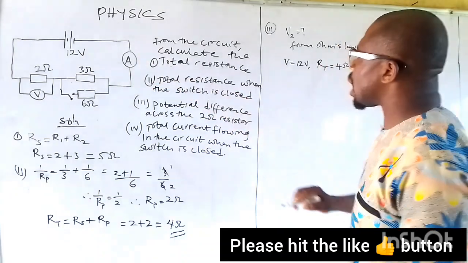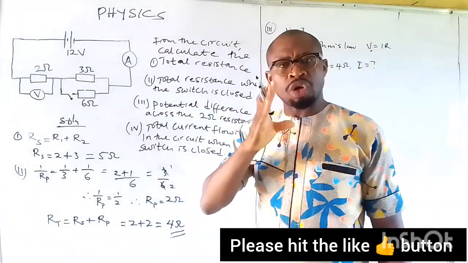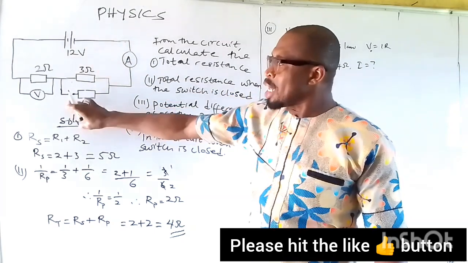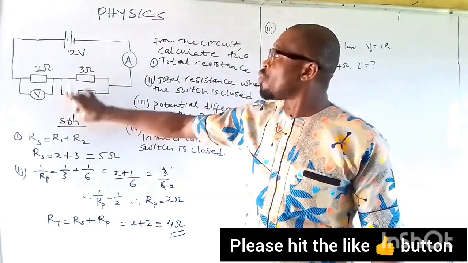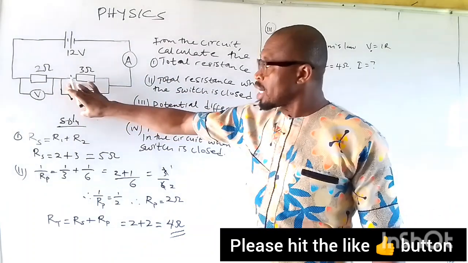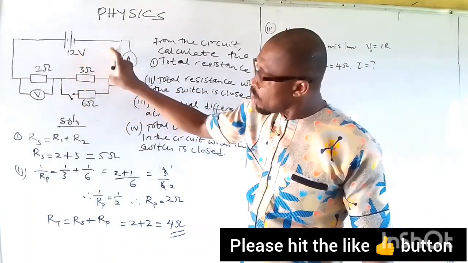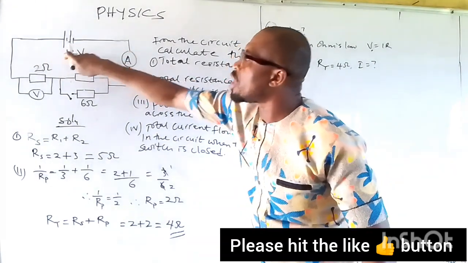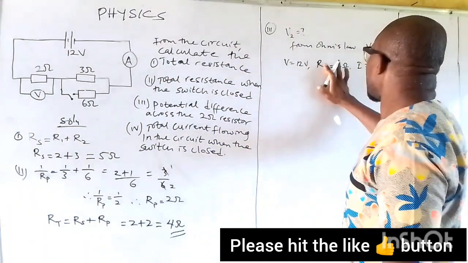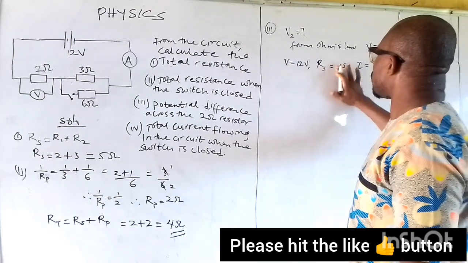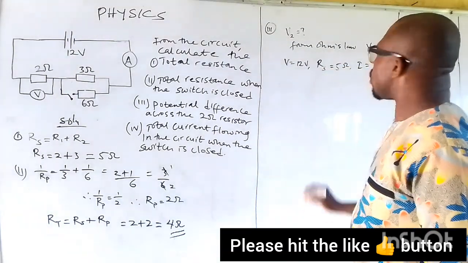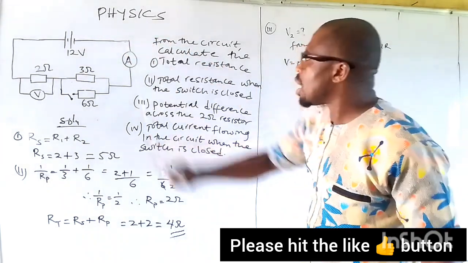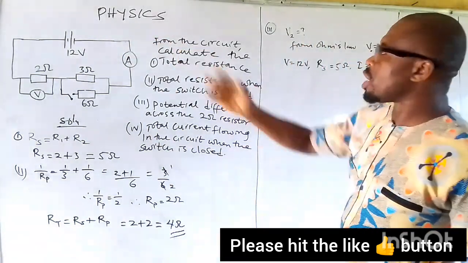Before we get the current flowing, I want you to notice that this one is exclusive. So if you want to find the current flowing here, the R we are going to use is the one in series, which is 5 ohms. We want to find the current flowing in this circuit, or the current recorded by the ammeter.